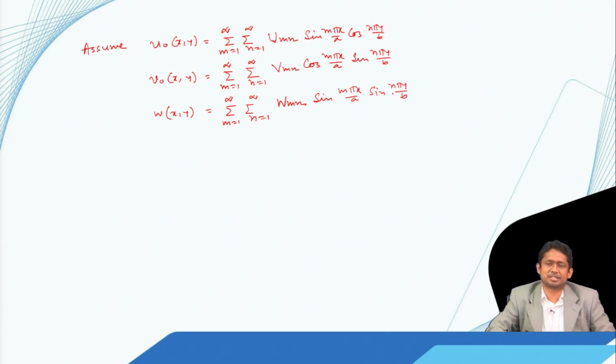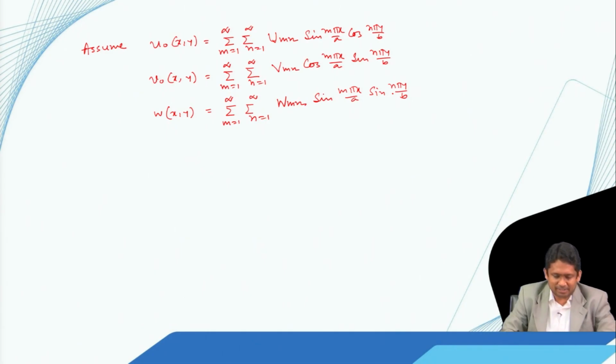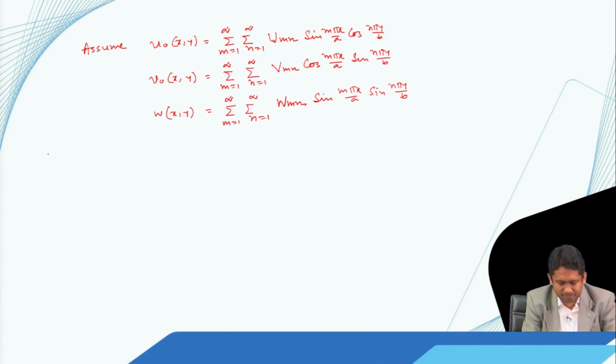Now, these assumptions satisfy the essential and natural boundary conditions, and also if we put them in the differential equation, we can separate out the trigonometric terms. That means again here we are doing a Navier type solution. So, if I put everything in the differential equation, what comes up is this.